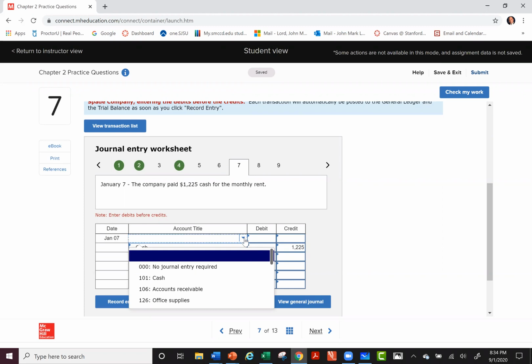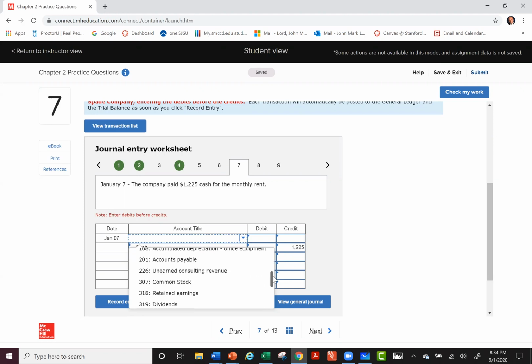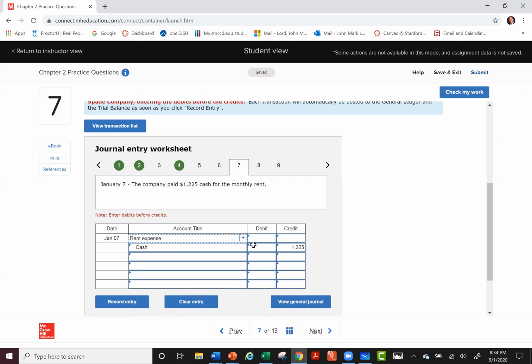Rent isn't really and truly expensed until the end of the month, right? If the month hasn't gone by yet when you pay the rent, that's a prepaid rent. But if the month's already gone by when you're paying that, that's a rent expense.